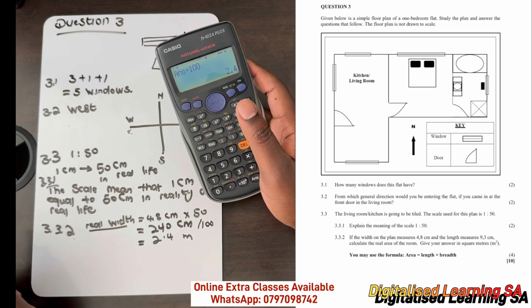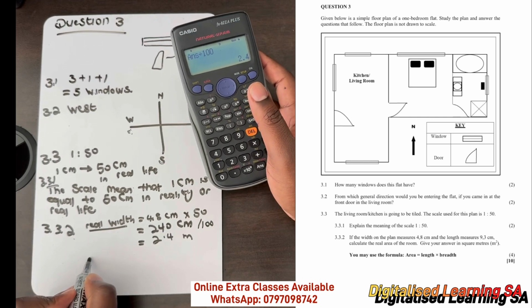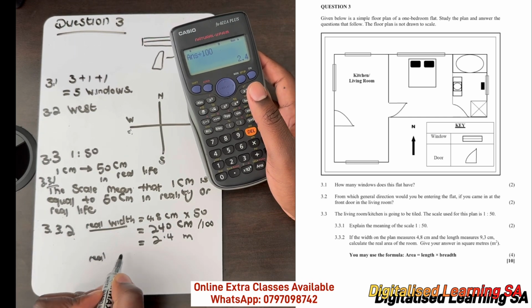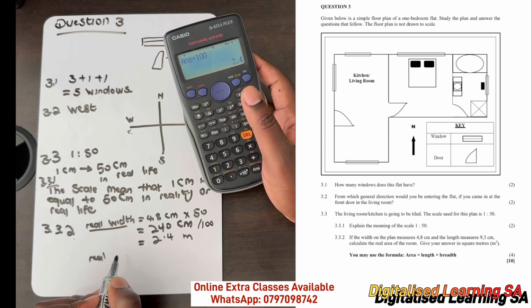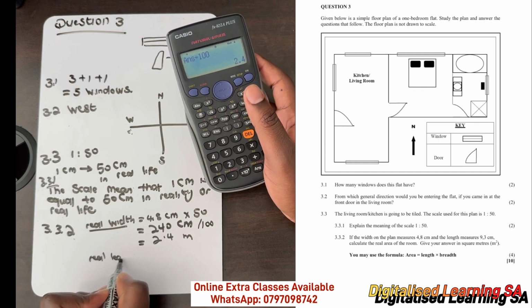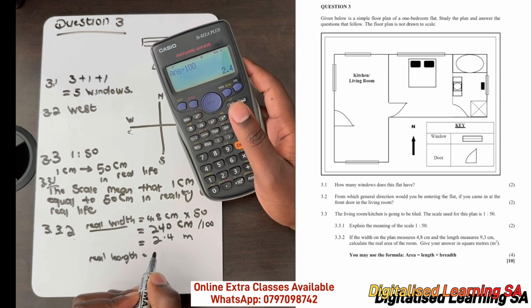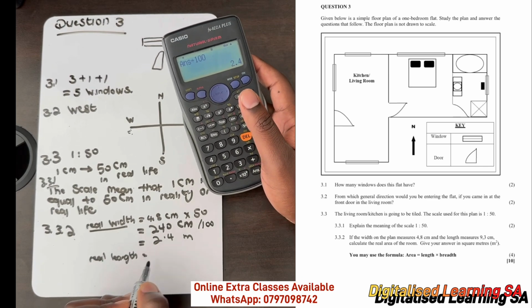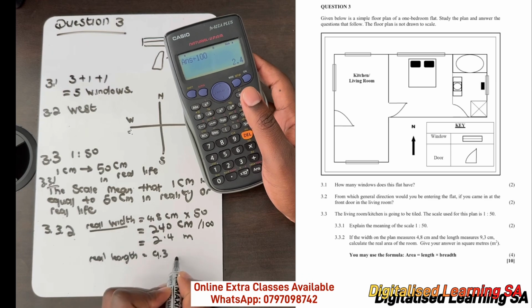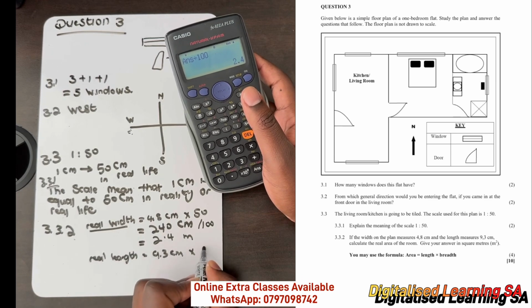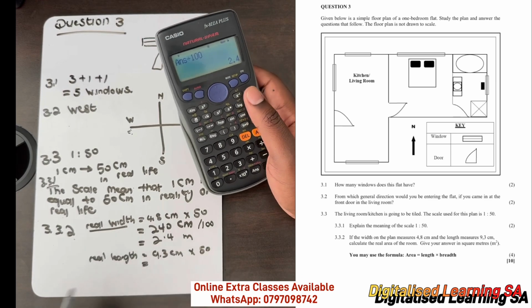Okay, so now let's work on our real length. We still do the same thing. Our length was given as 9.3 centimeters, so it will be 9.3 centimeters multiplied by 50.